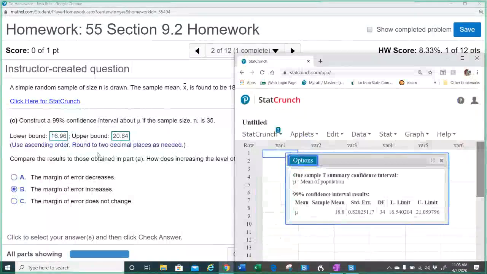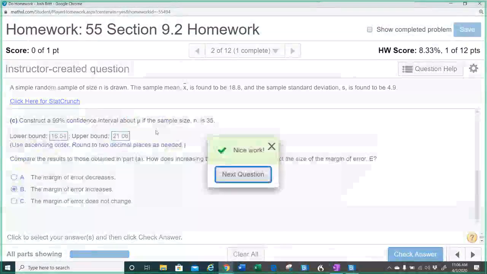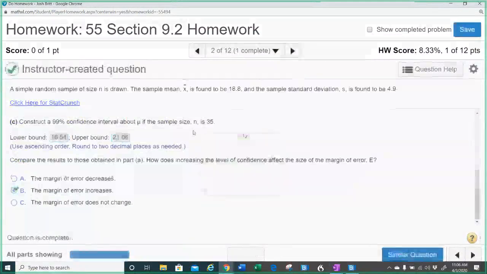So we get 16.54 and 21.06. There we go. So be careful changing the sample size.